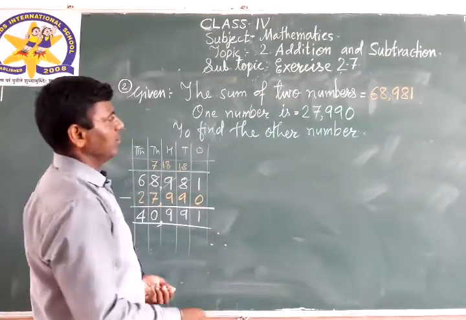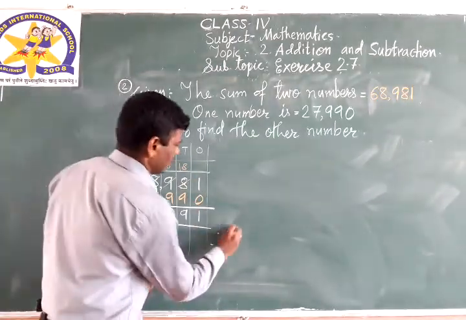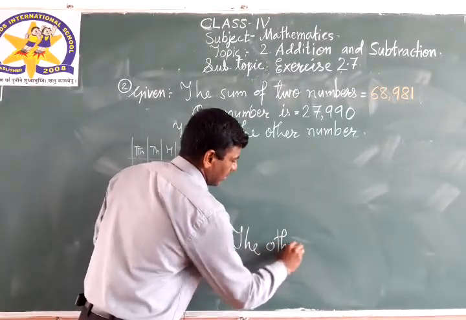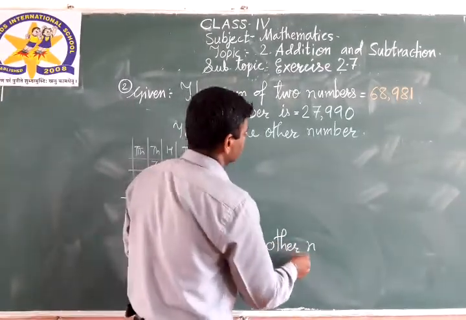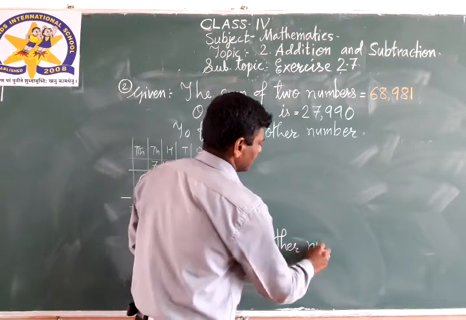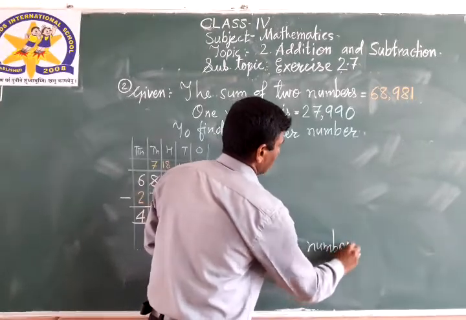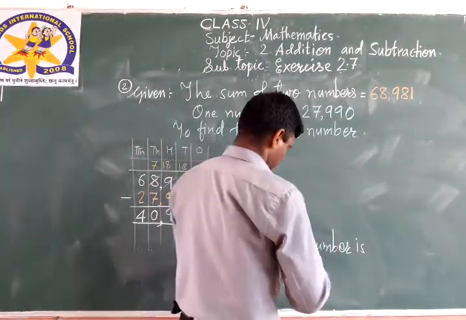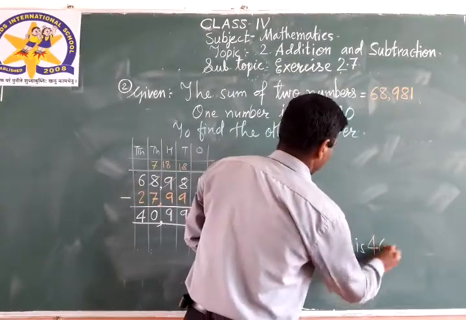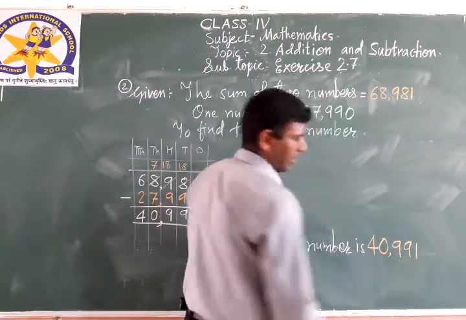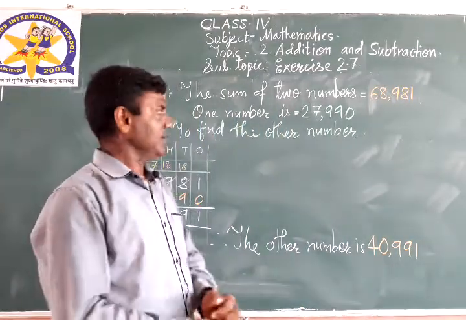Therefore, what will be the other number? Therefore, the last answer: the other number is 40,991. Understand?